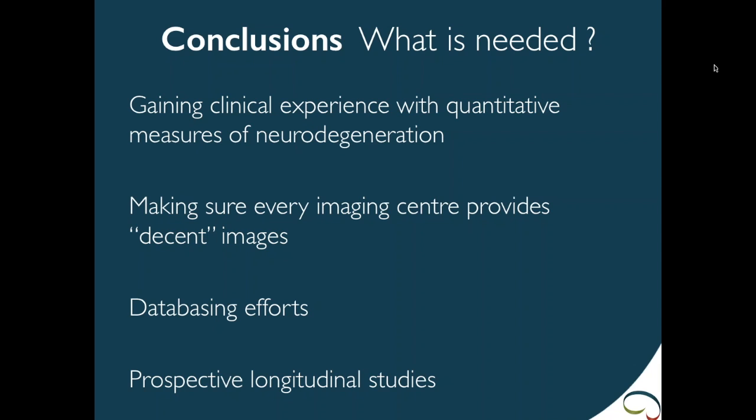We should also make sure that every imaging center provides decent images. And with decent images, I mean clinical images, not 2-hour-long sequences, but reasonably timed image sequences, much like those presented by Professor Parizel earlier in this webinar.